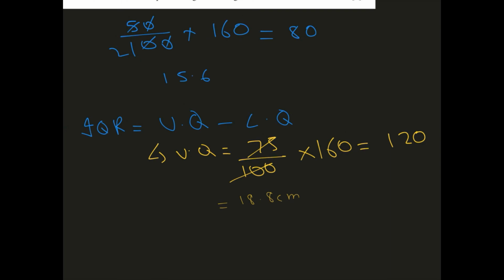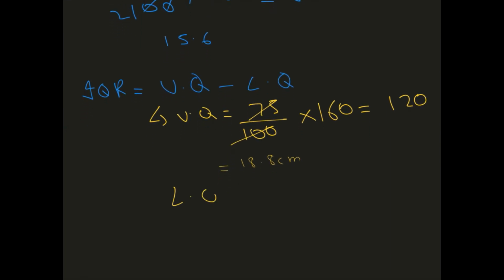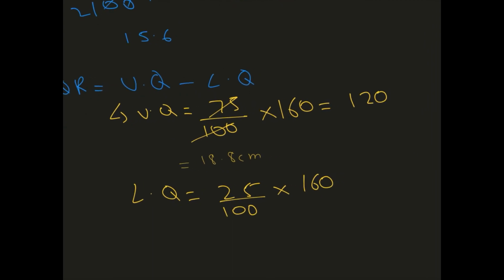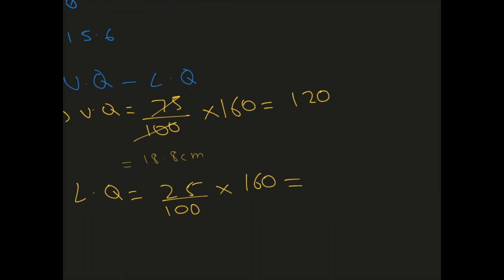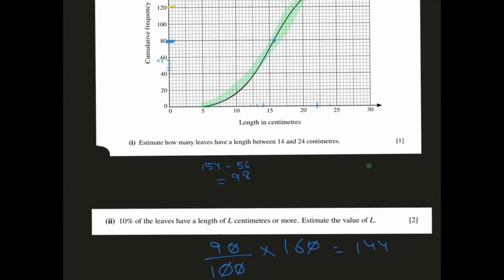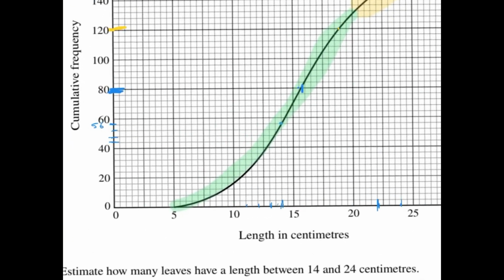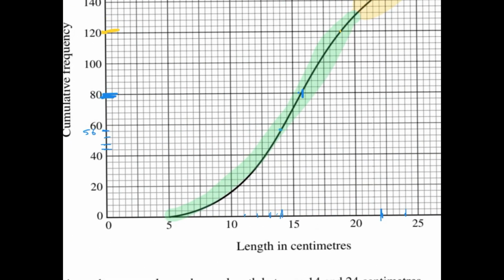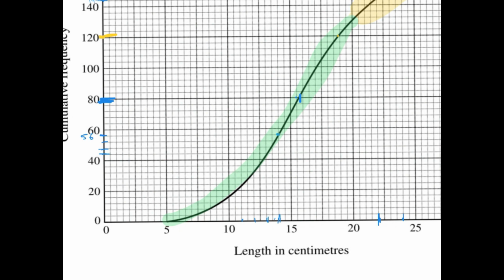Right? And the lower quartile makes up 25% of our frequency. So you'll find out the value at 25% of our frequency. So 25% is 1/4, and 1/4 of 160 will be 40. So you'll find out the value at 40. This is 40, and this is 11, 12, and 13. So this is a little less than 13 and more than 12.5.